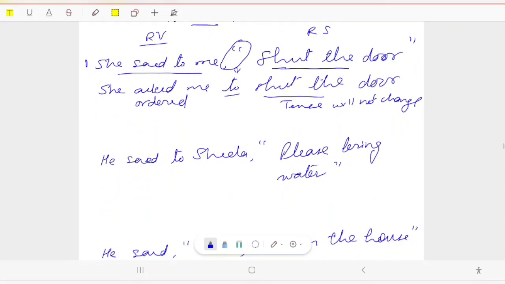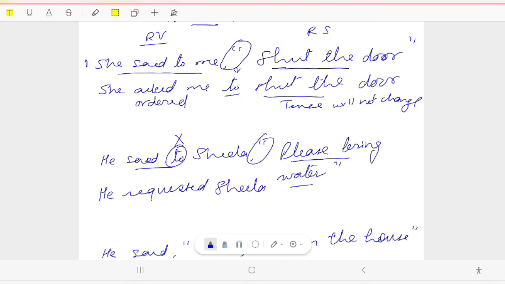Have a look at the next example. He said to Sheila, please bring water. Now please bring water seems as if it is a request. So said to will change into requested. He requested. To will be removed. He requested Sheila. Comma and inverted commas will be removed and we connect with to.